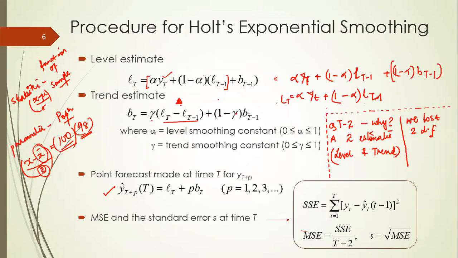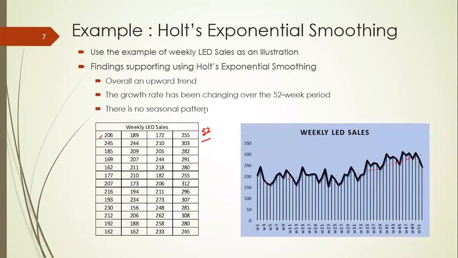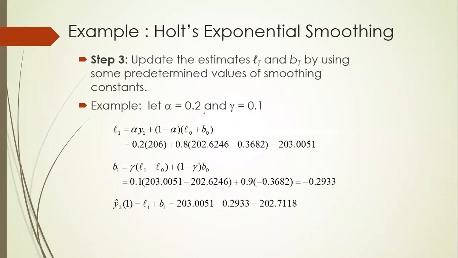I will write it down over there again, so that we are all good. Just one moment. So alpha yt in the current form is alpha times the value plus 1 minus alpha (0.98) times L0 plus B0.